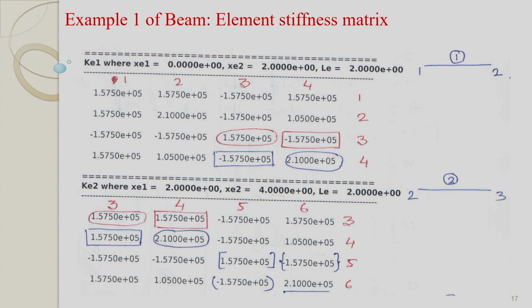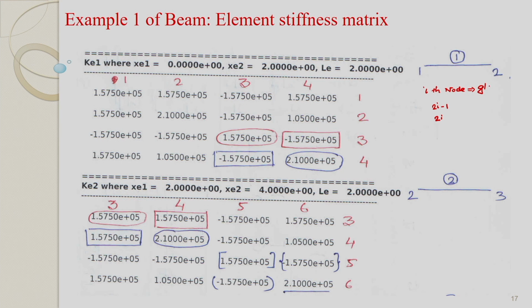Now, as in truss element, for each node there are 2 degrees of freedom. So, for ith node the global degrees of freedom will be 2i minus 1 and 2i.